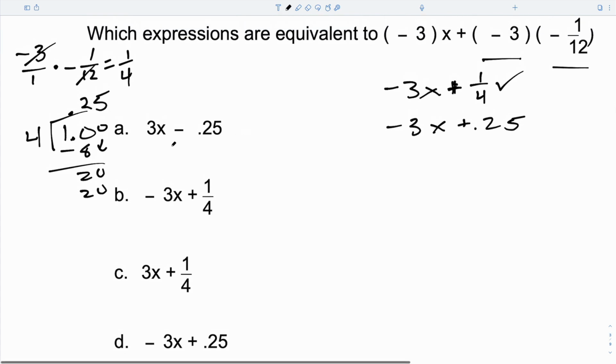Let's scan our problems to see if we have one that matches. This looks actually pretty nice and neat for us, so I don't have to do anything to simplify. Yay. Blake, does A match? The negatives are switched. Does B match?